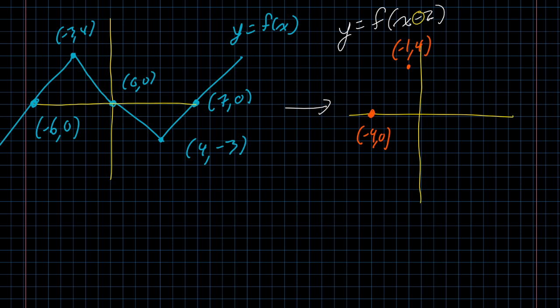Likewise, our point from 0, 0 has now moved to the point 2, 0, 4, 3, is now at 6, negative 3, and 7, 0 is now at 9, 0. And with that, we have figured out what this graph is going to turn into. And we can play our game of connect the dots from there.